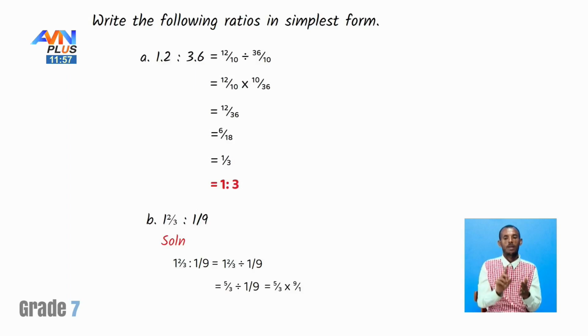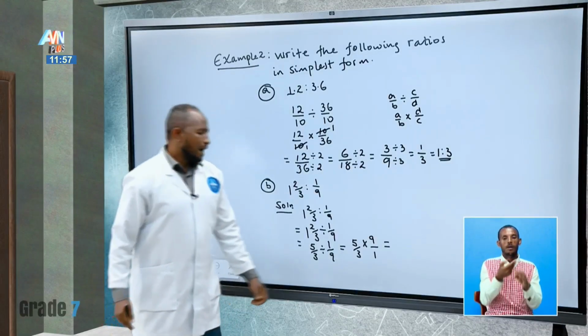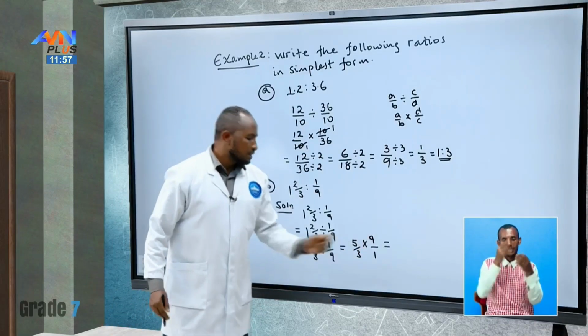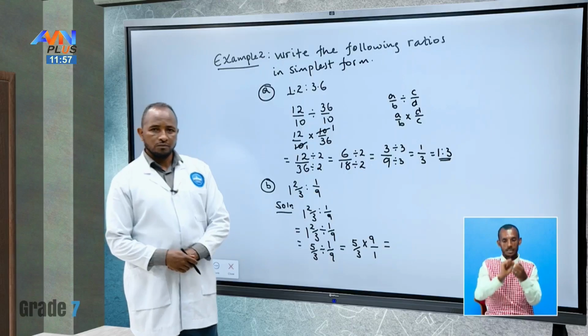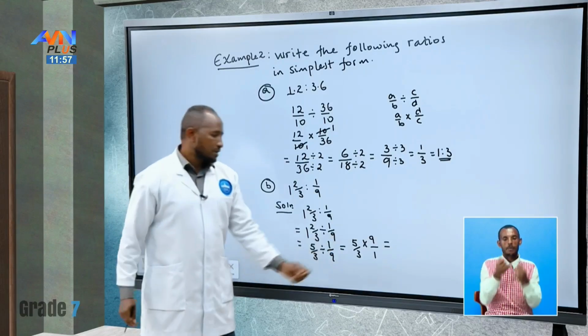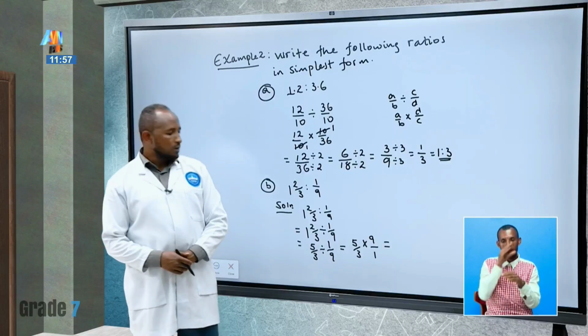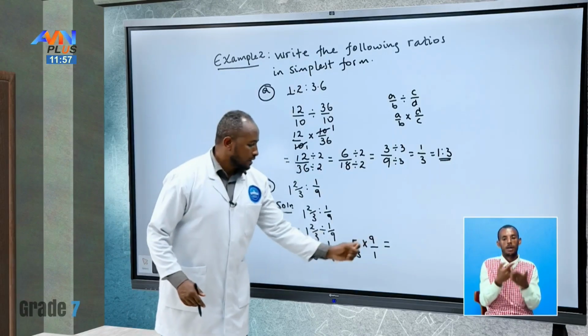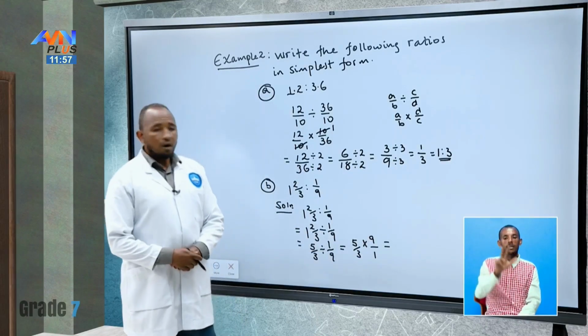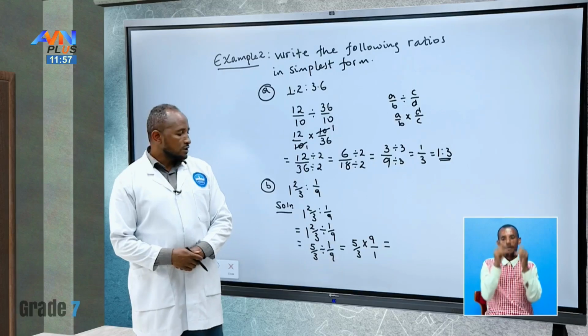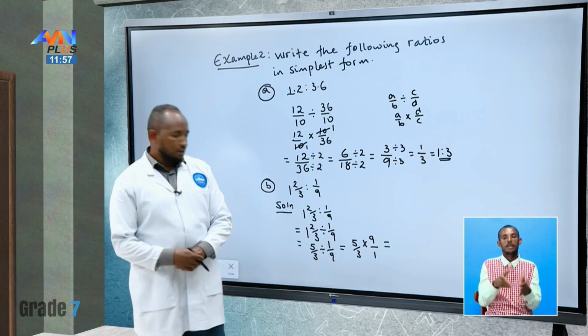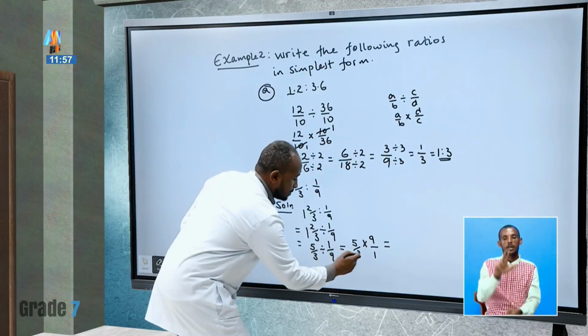So here, before multiplying, you can change this into the lowest term by dividing by the same number which is found in the numerator and denominator part. So here, 9 and 3 have a common factor. Their common factor is 3. So let's divide both by 3. By 3, this becomes 1.